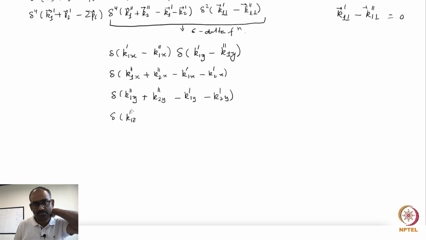K1z plus K2z double prime minus K1z prime minus K2z prime. Okay. Then one more for the energy component. So delta of omega K1 double prime plus omega K2 double prime minus omega K1 prime minus omega K2 prime.